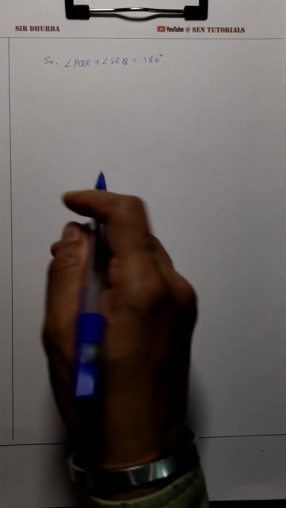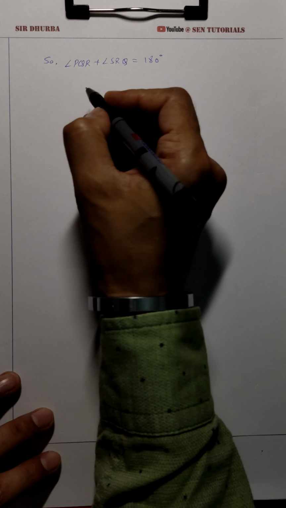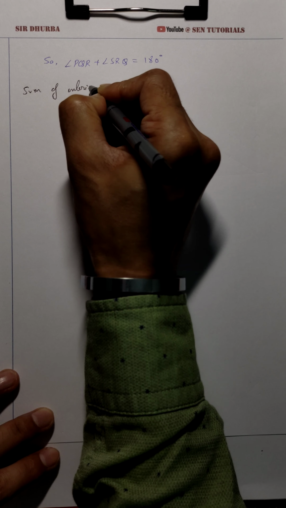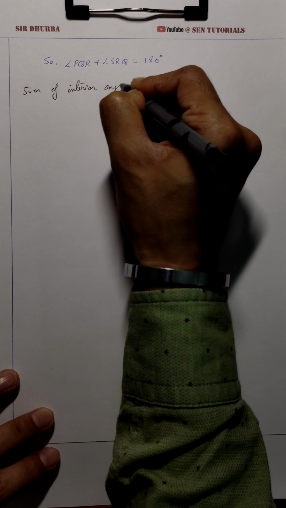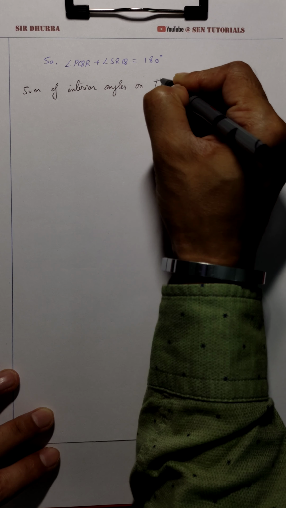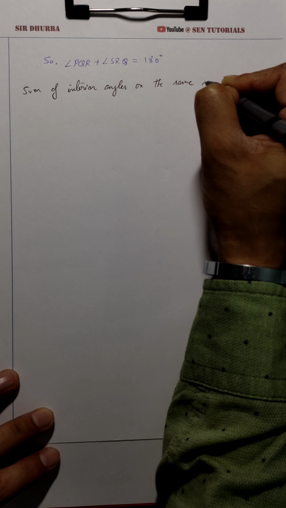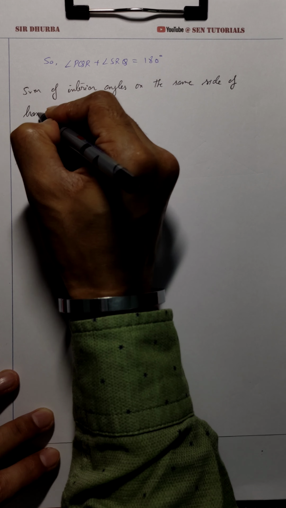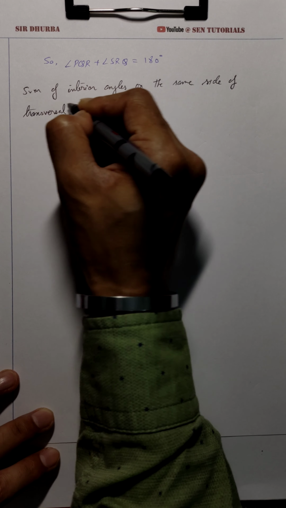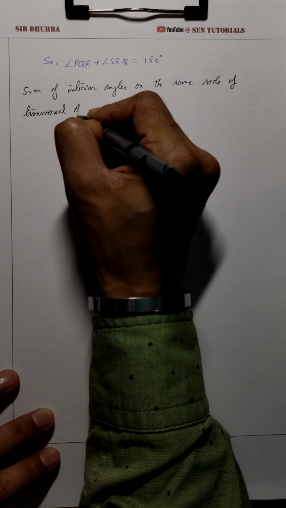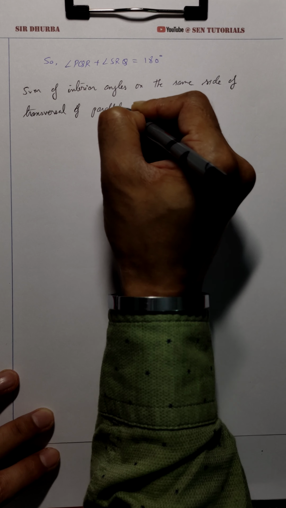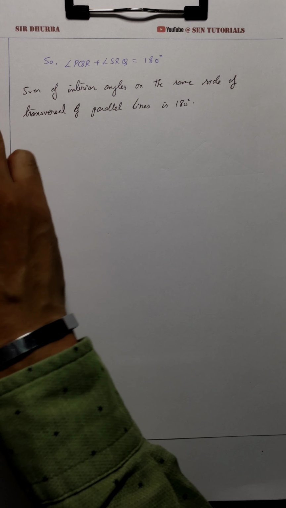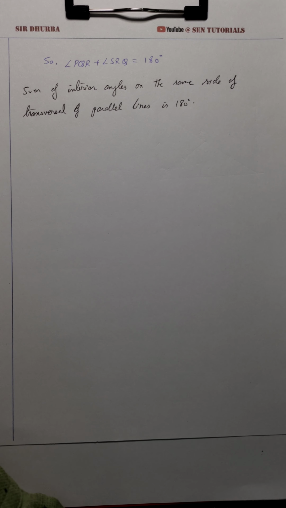The sum of interior angles on the same side of the transversal of parallel lines is 180 degrees.